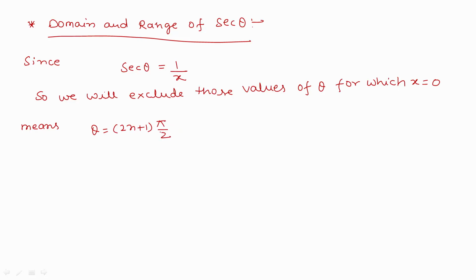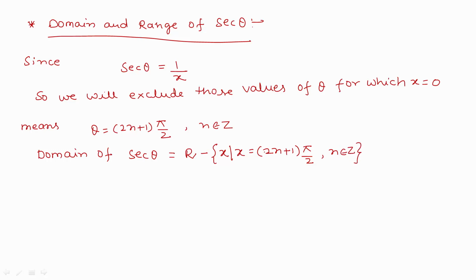At every odd multiple of pi by 2, x is 0 and sec theta tends to infinity, where n belongs to Z. Thus the domain of sec theta is the entire set of real numbers minus those values for which theta is equal to (2n plus 1) into pi by 2, where n belongs to Z.